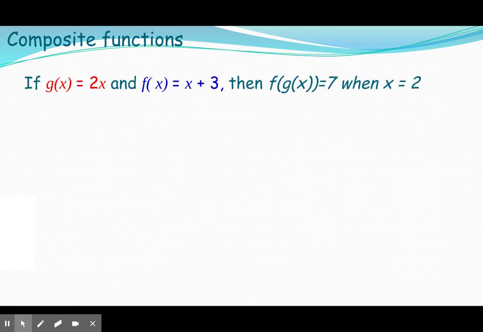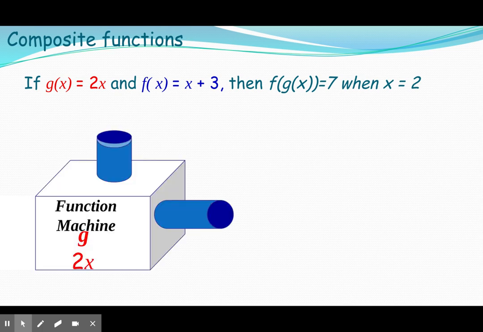So if g of x equals 2x and f of x equals x plus 3, then f of g of x equals 7 when x is 2. Let's look at how that works. We have our function machine named g, and its rule is 2x. The input is 2, since our problem says x equals 2.